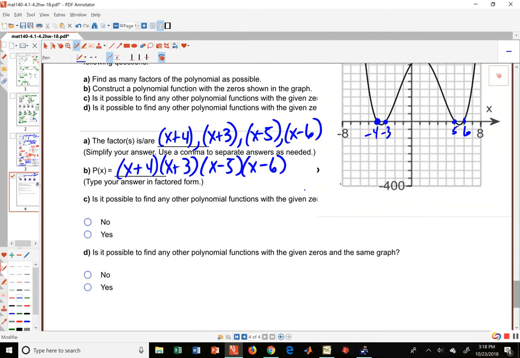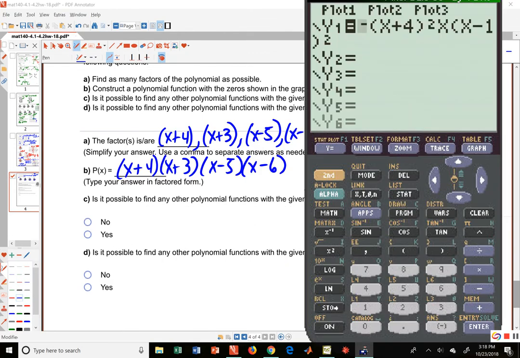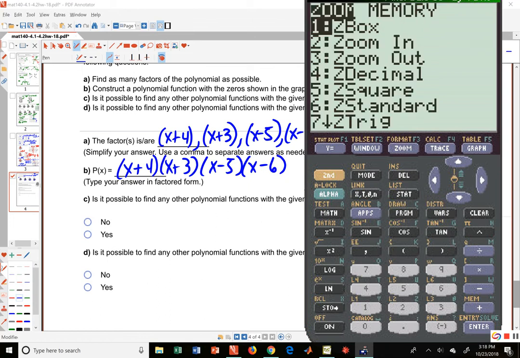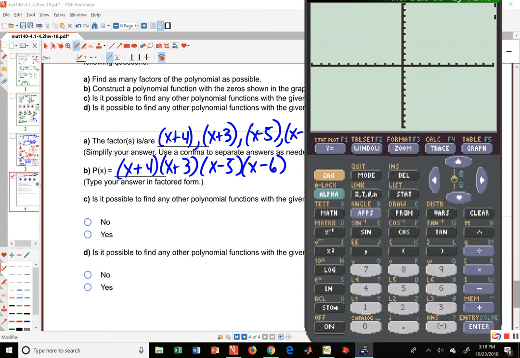And you can verify this on your calculator. Once you have figured out what the factors are, it's just going to be x plus 4, x plus 3, x minus 5, and x minus 6. Let's go with a standard window, and we can adjust it to make it look just like their window.